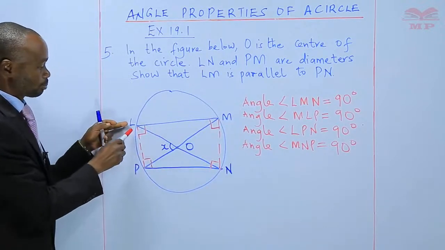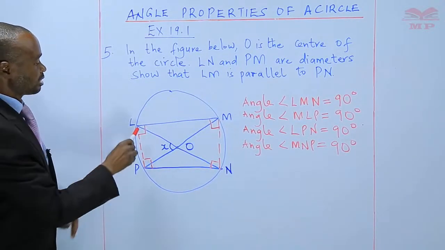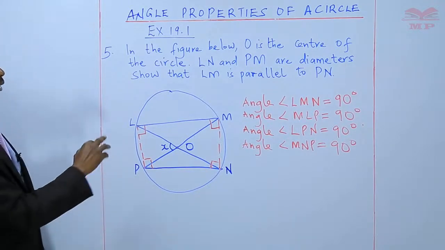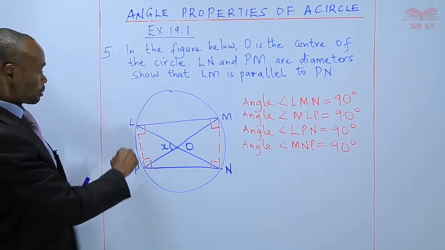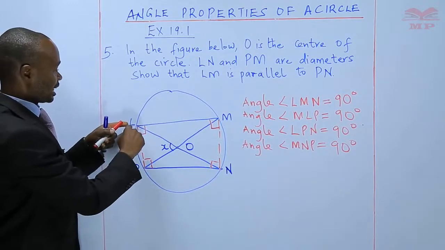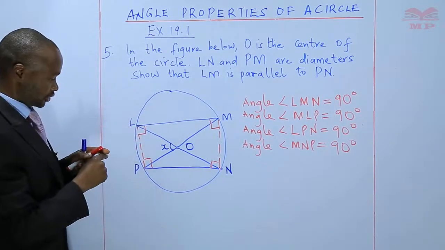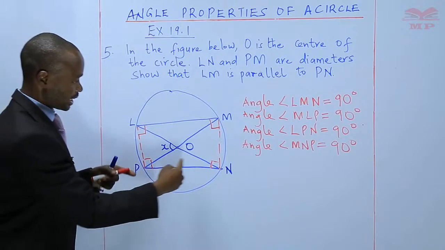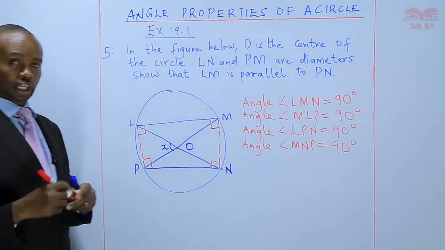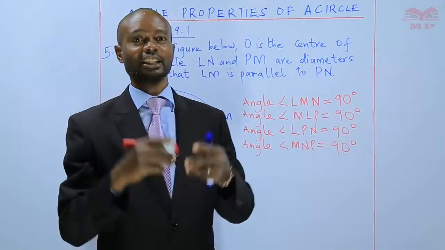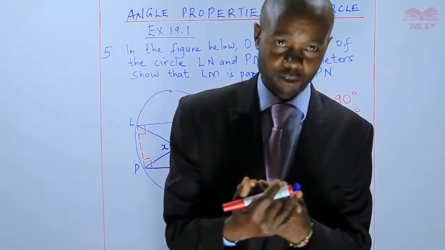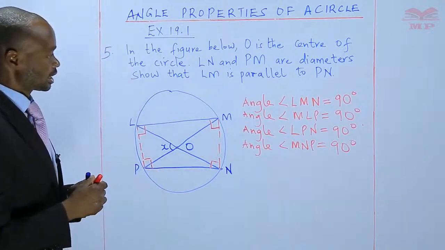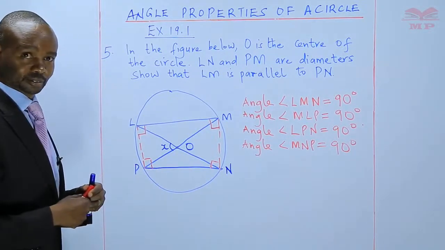Let's move to these other points. We have LP, which is acting as a perpendicular because line LP is meeting line LM at 90 degrees. And it is also meeting line PN at what degrees? At 90 degrees. That is a sure proof that the two lines are parallel.